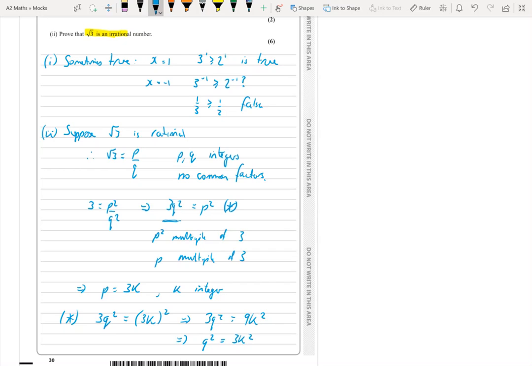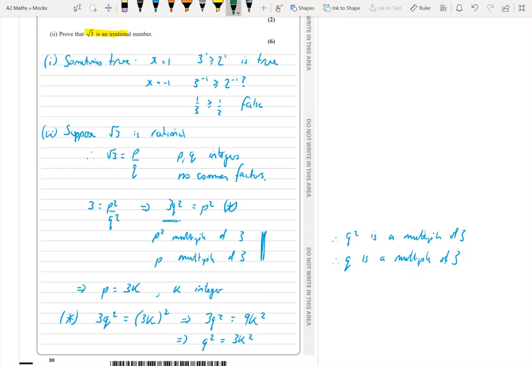Now we're going to have a copy of the logic that we had at this stage. Q squared is 3 times k squared, is 3 times something, so therefore q squared is a multiple of 3. And again, if q squared is a multiple of 3, then q itself must be a multiple of 3. And here's where the contradiction happens.